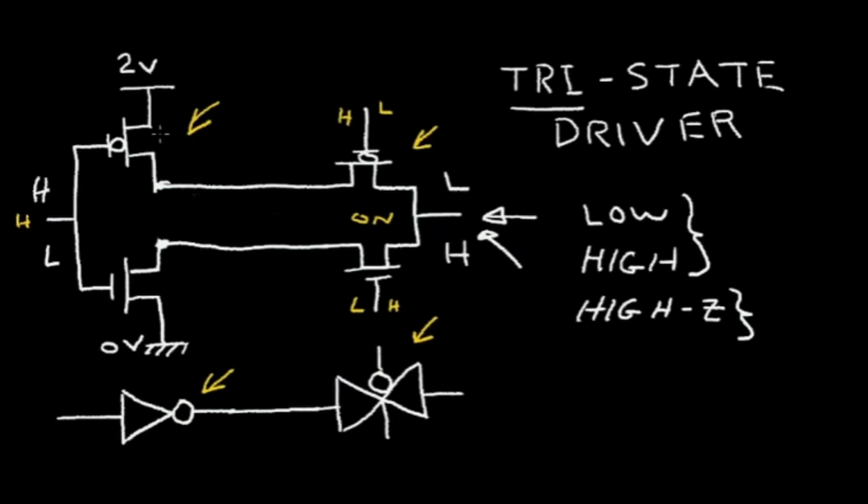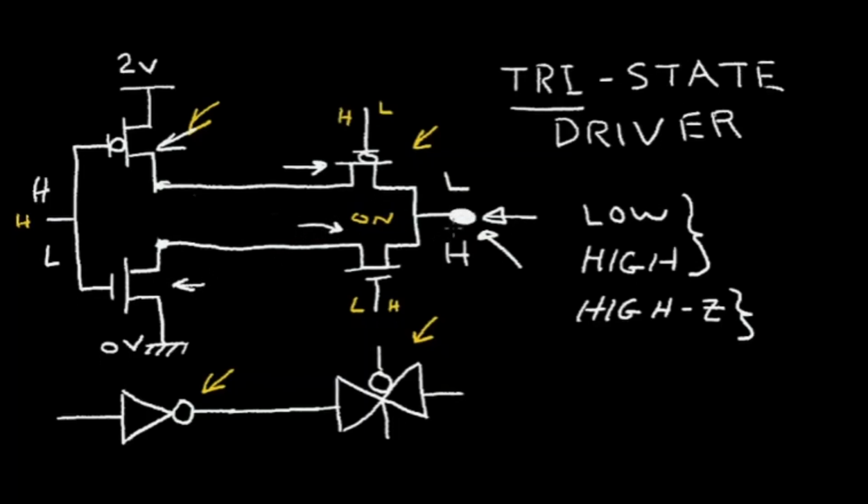Now I have a PMOS transistor here in series with another PMOS that connects to the output node. Here I have an N channel in series with another N channel that connects again to the output node.